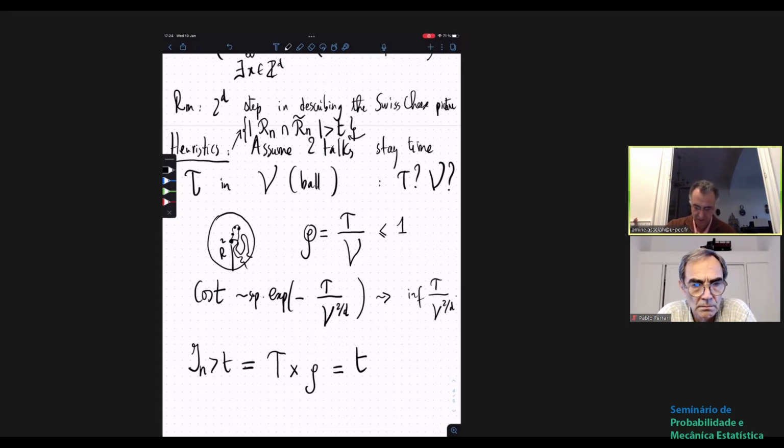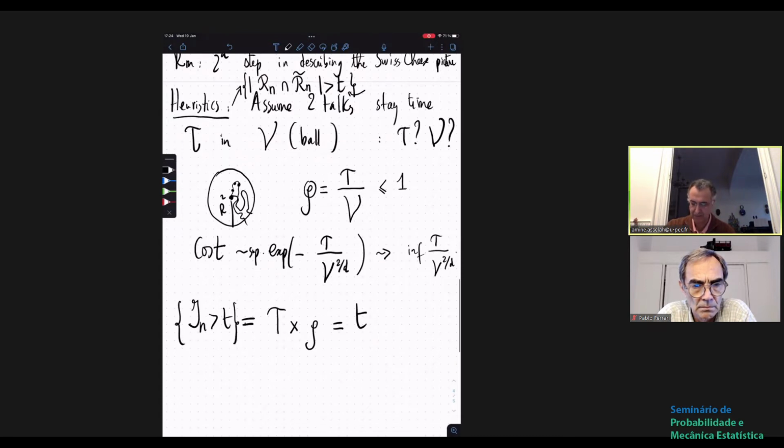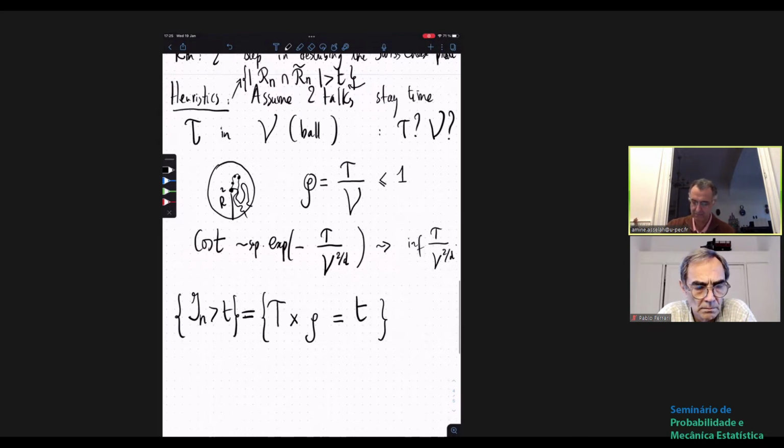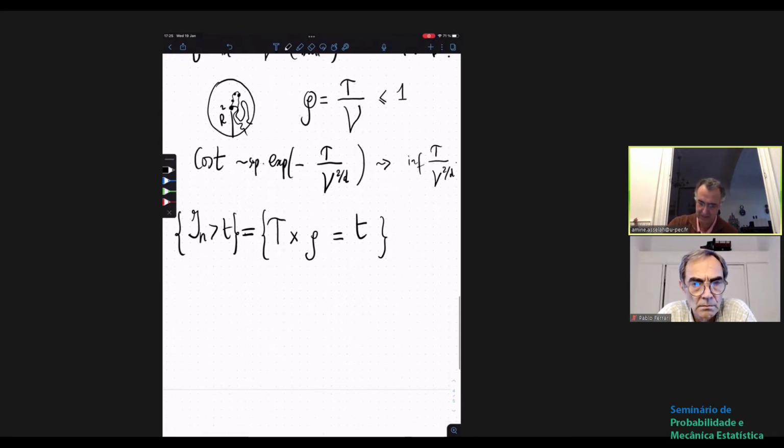Okay, so morally, my event is the fact that t times rho is t. So now let's just write tau over v to the 2 over d in terms of rho and t. So tau is t over rho.